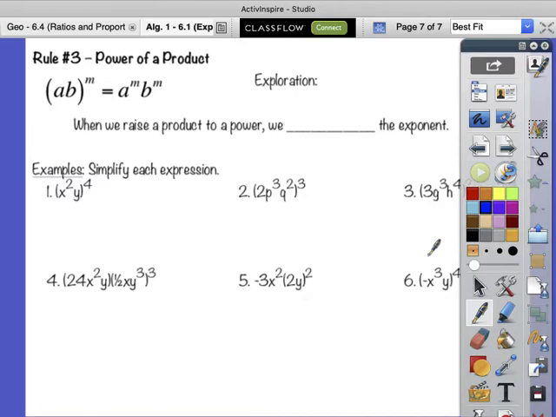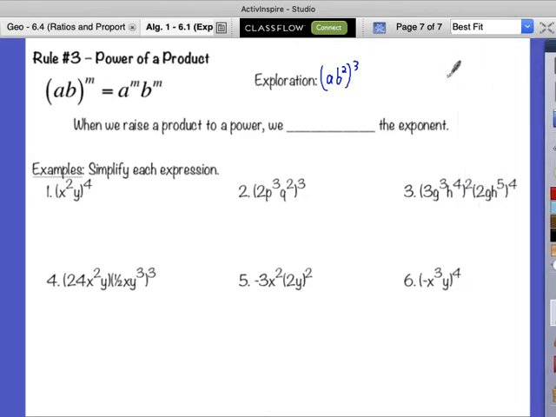Let's do an exploration on this one, guys. I want us to do ab squared in parentheses, with an exponent of 3 on the outside. So ab squared in parentheses, all being raised to the third power. This power of 3 literally means that we have 3 of whatever is inside the parentheses being multiplied together.